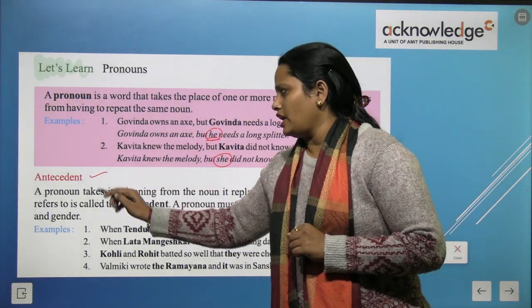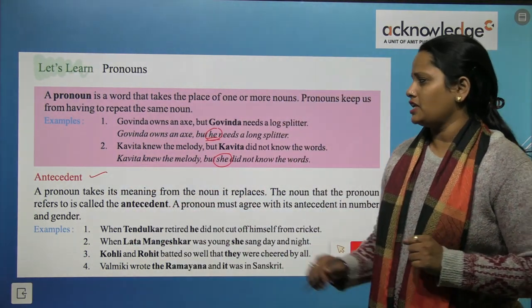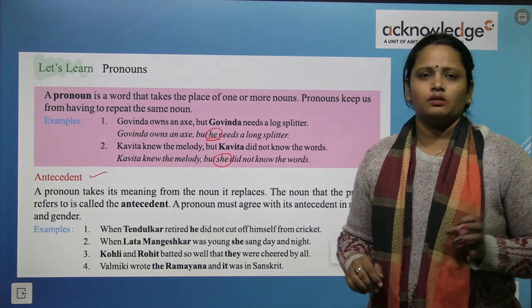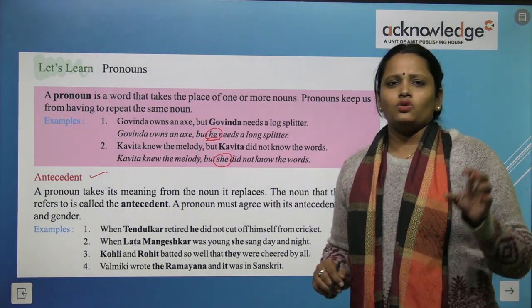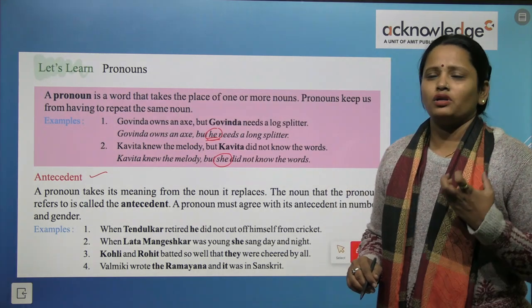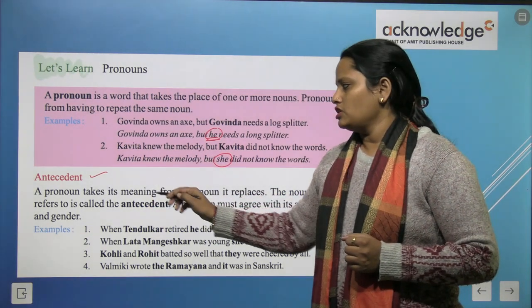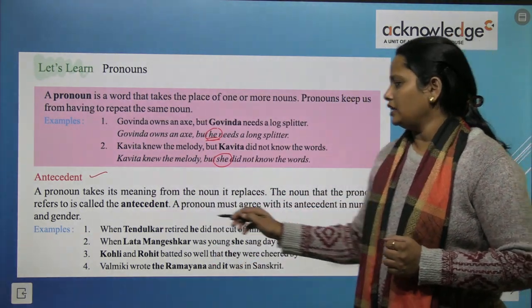Now next is antecedent. So a pronoun takes its meaning from the noun it replaces. So जो भी noun है उसकी जगह पे हम उसके type का ही pronoun use करते हैं. The noun that the pronoun refers to is called antecedent.